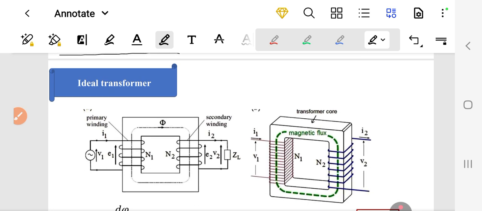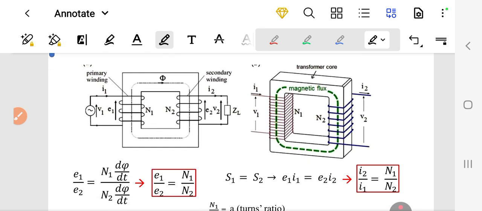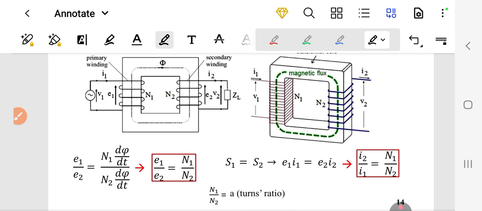Now we will deal with the ideal transformer, which has no losses. We have the primary winding, which is connected to the electrical source with voltage V1. The passage of current through the primary coil will produce an induced EMF E1, which is equal to N1 dφ/dt.